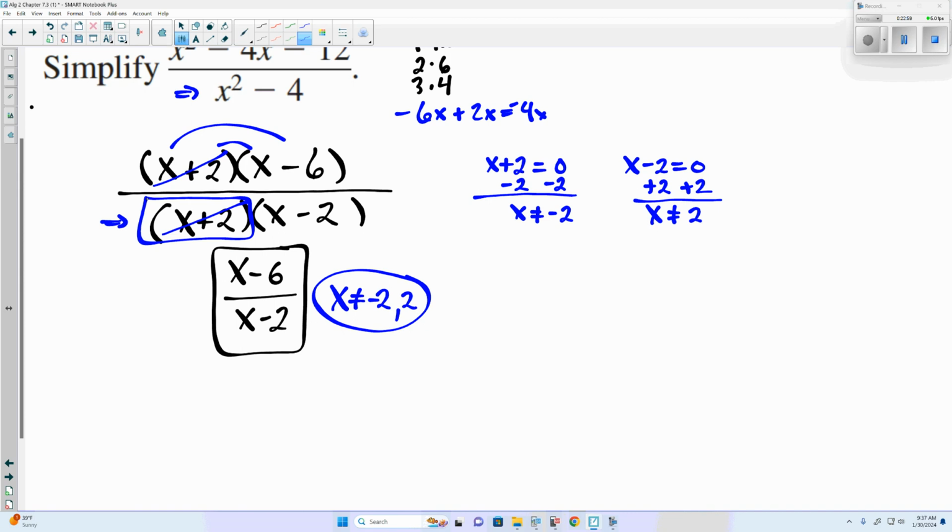Right, another way we could list this is x is not equal to plus or minus 2. That is the same thing. I think it's better to go on and list them. I would rather list them all out. Even if it is still there, it doesn't hurt to list it. And it's really not that much more work to list that extra one than it is to just list one.